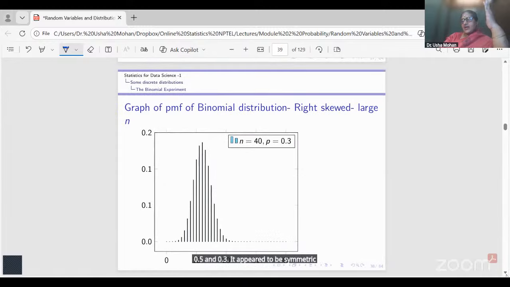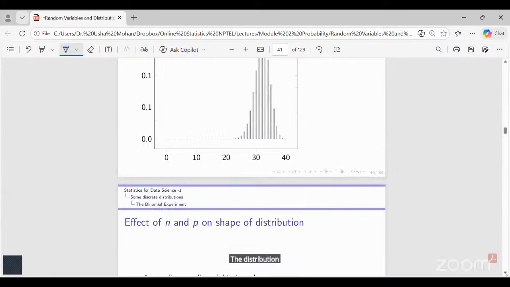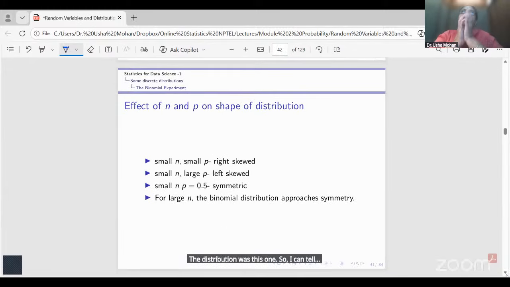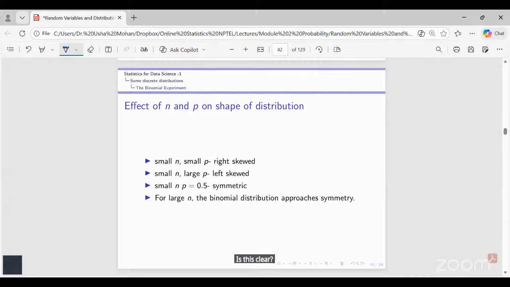So I can tell that from my observation. Again, remember, we are not proving anything here. From my observation, for large n, the binomial distribution appears to be symmetric. Is this clear?